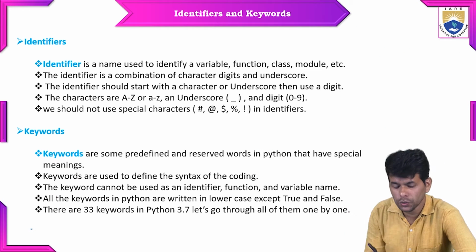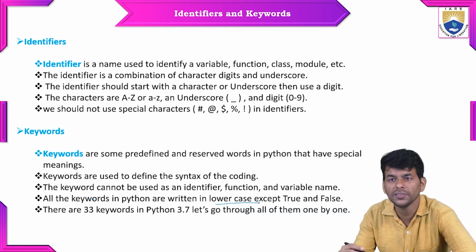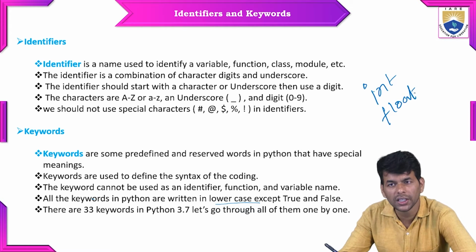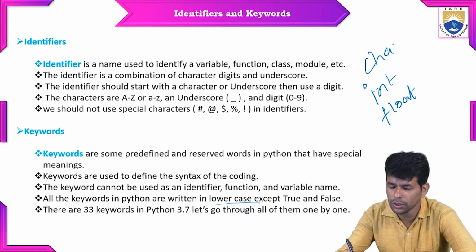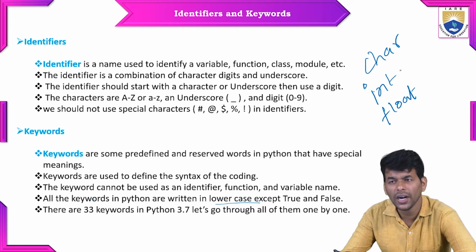So let us see. All the keywords in Python are lowercase only. That means if, for suppose, int is here, I can use lowercase only. If it is float, I have to use lowercase only, int or float. Then again I have char here. To work with characters, we have the keyword called char. So char or int or float, whatever it may be, I am using lowercase letters only.